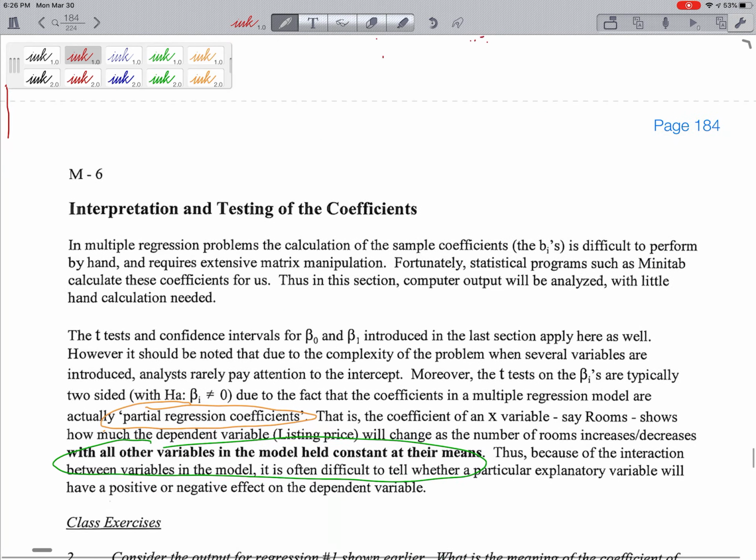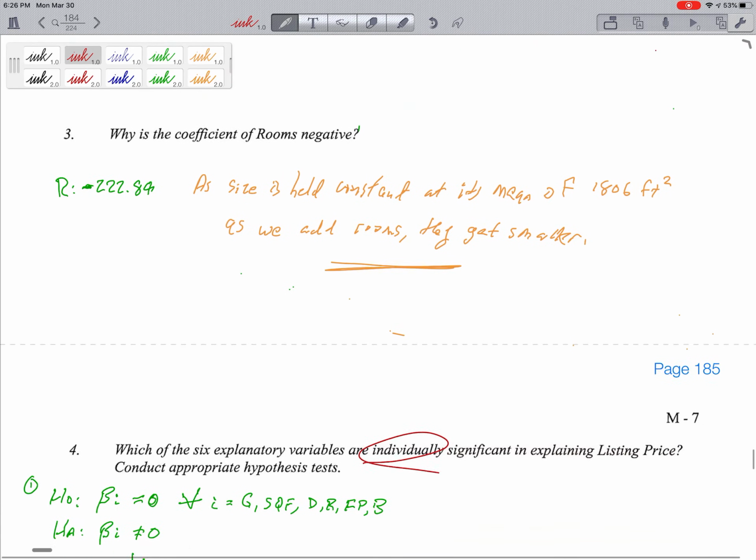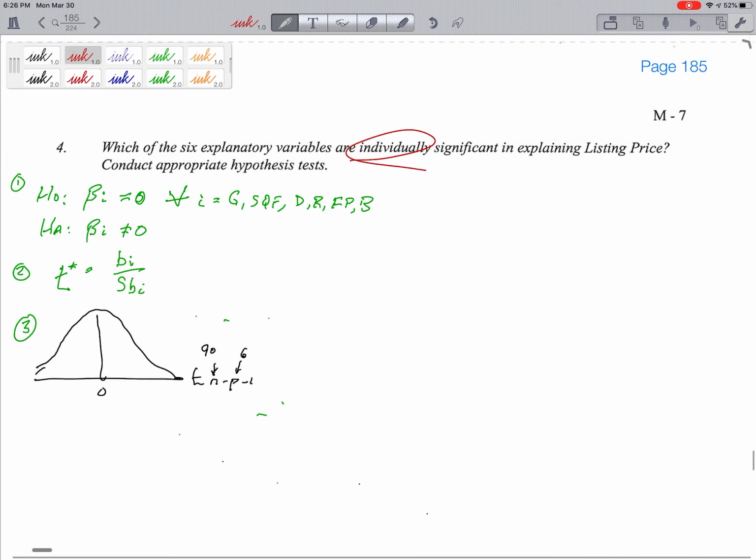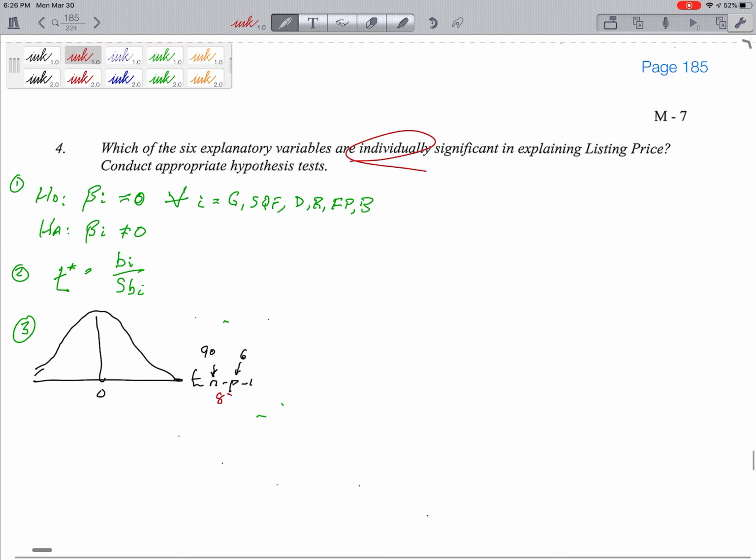So that's what you can use for the individual t-tests, n minus p minus 1. So that's 83. And if you look that up on a t-table, it nicely turns out to be plus or minus 2. That's with a 95% level of confidence, 5% level of significance, so 2.5 in each tail here. So plus 2 and minus 2.